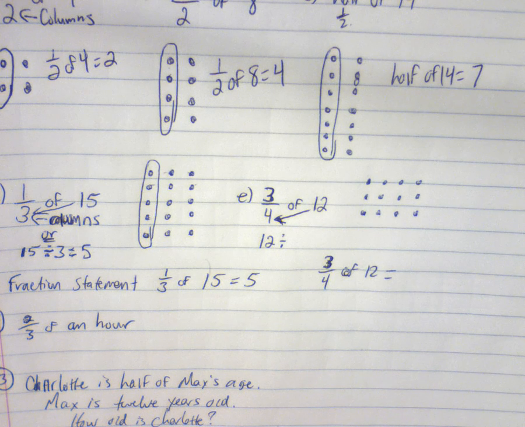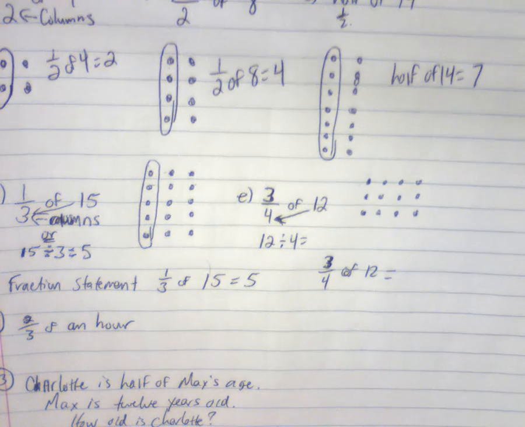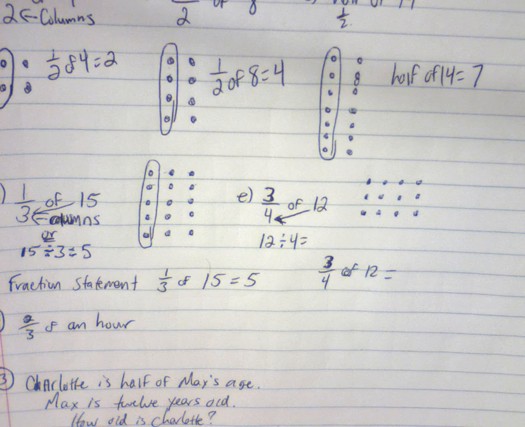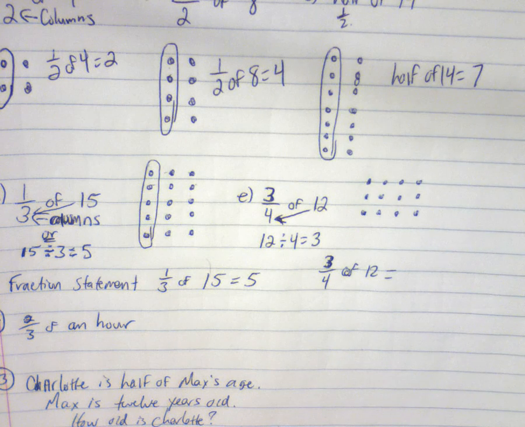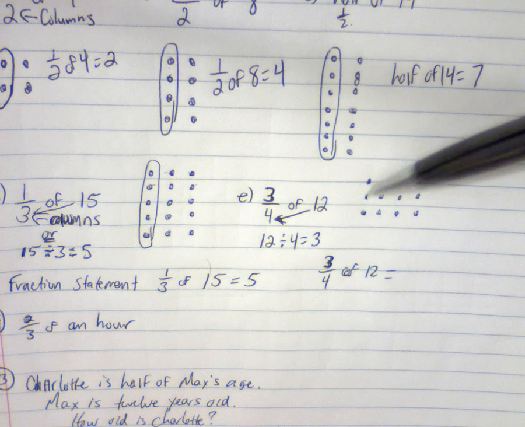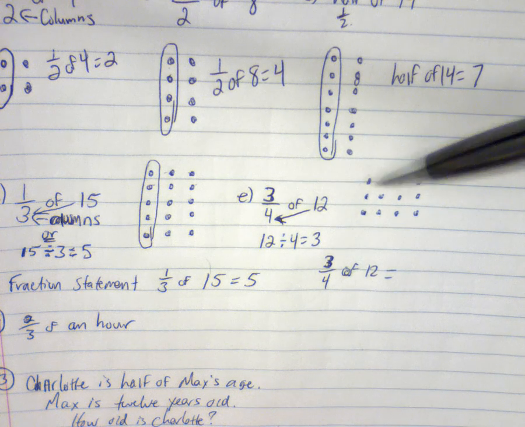So what is 12 divided by 4? Well, if I count up by 4s, 4, 8, 12. 12 divided by 4 equals 3. Now, here is 3. 1, 2, 3. Now, you know that we need to circle 3 of these.